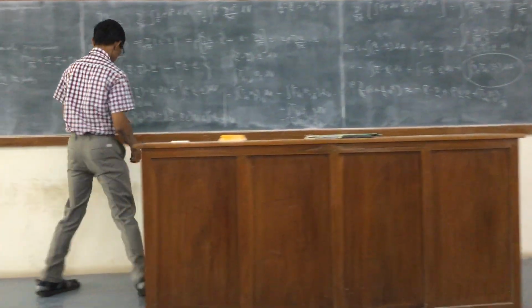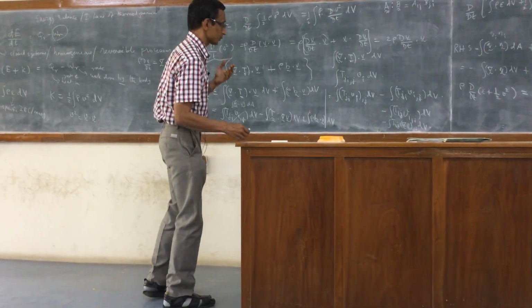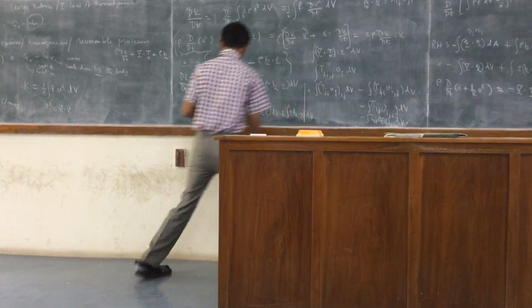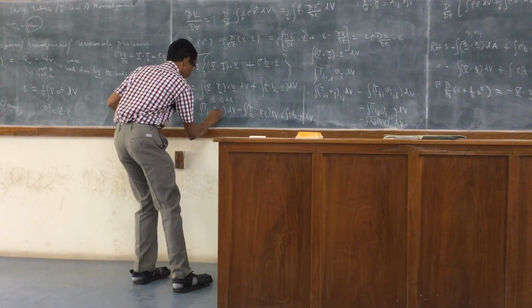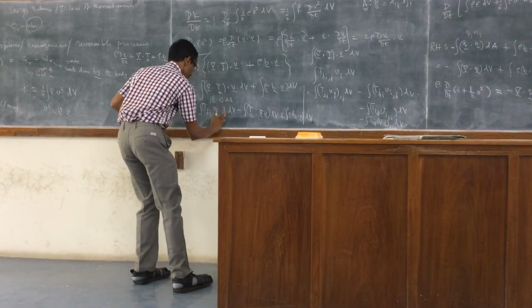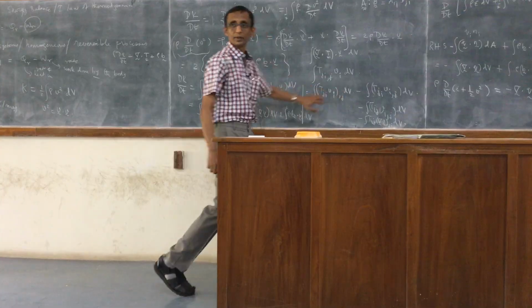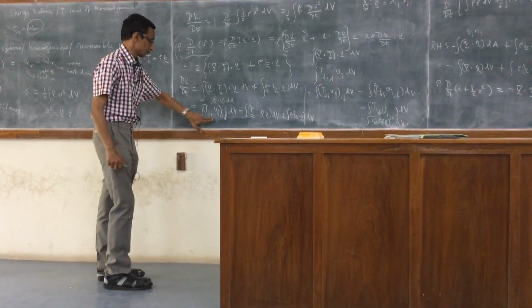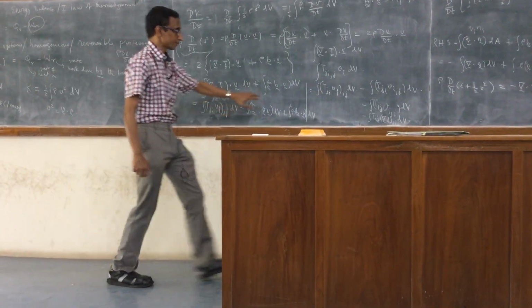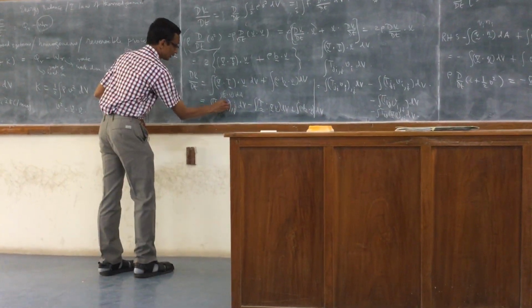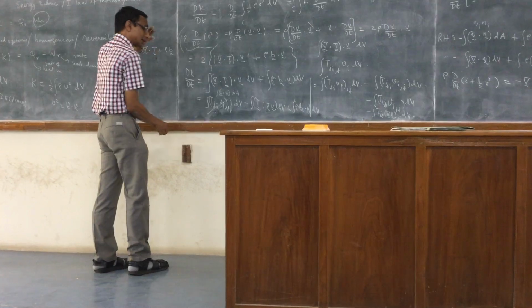I'm sorry, this is written wrongly. dA_i, this is dA_i. The whole thing, that's what I have. Right? Minus this and plus this. This now can be considered as T dotted with v dA.